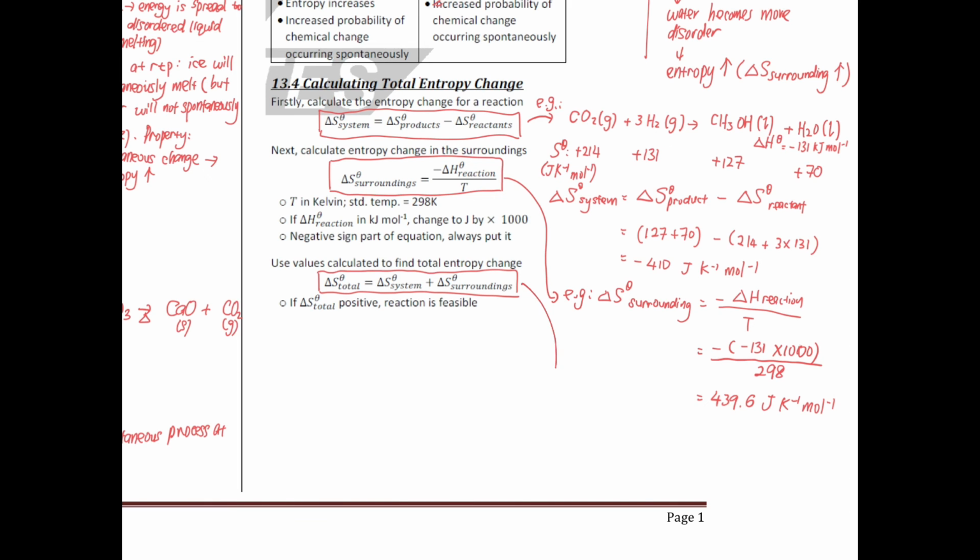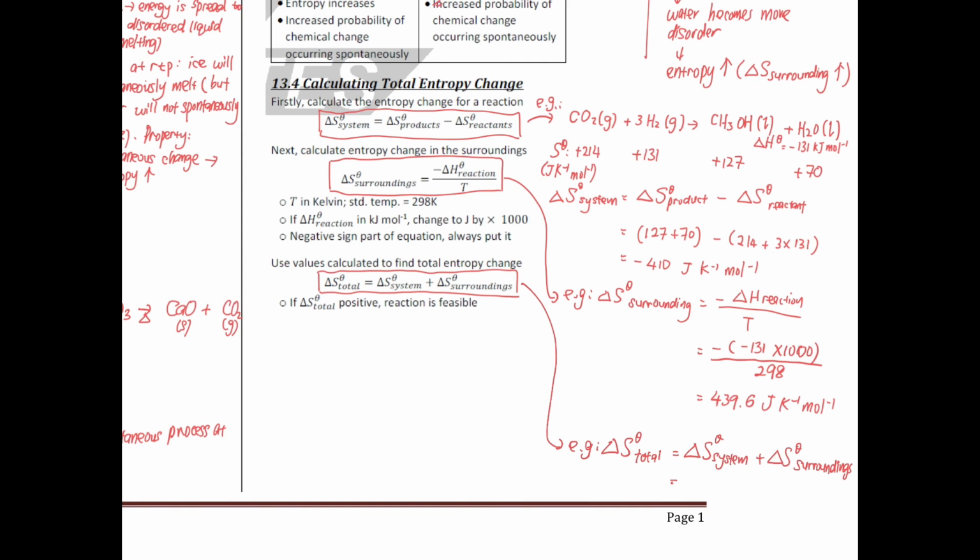Now let's complete it. The total entropy change will be the entropy change of the system plus the entropy change of the surroundings.